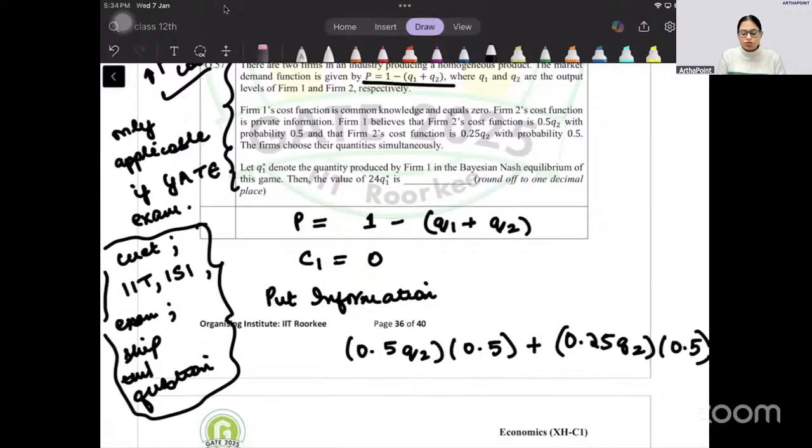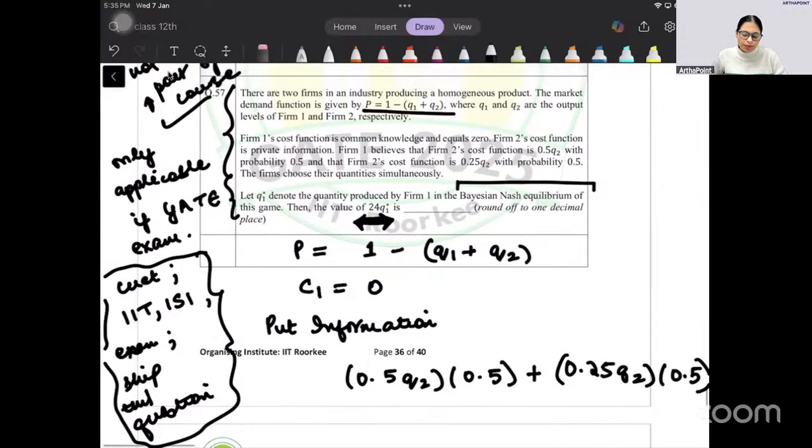Let Q1 star denote the quantity produced by firm 1 in Bayesian-Nash equilibrium of this game. Then the value of 24 times Q1 star is. Yes, this is advanced game theory and it's not part of any course other than this.